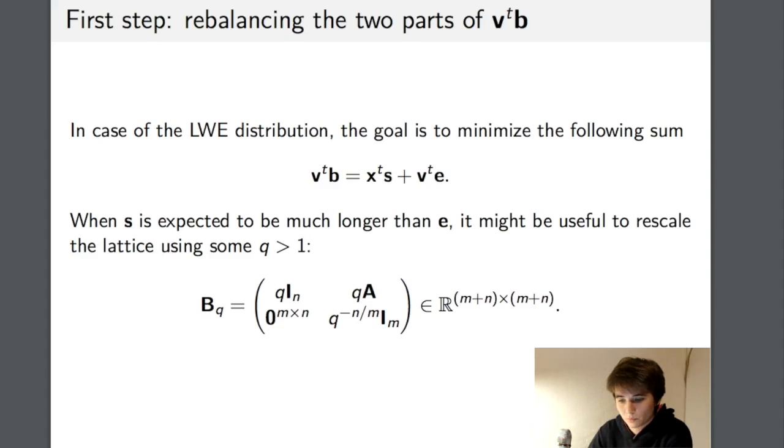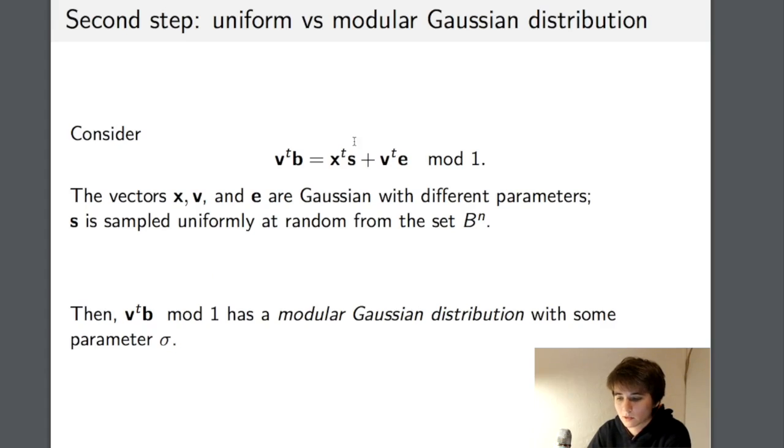Now let's move to the second part of the attack. The second part consists in distinguishing the uniform distribution, modulo 1, from some concentrated around zero distribution. The concentrated around zero distribution corresponds to the LWE input samples.